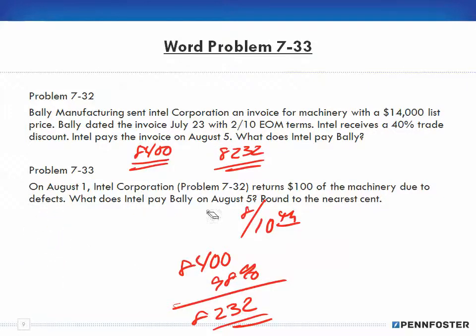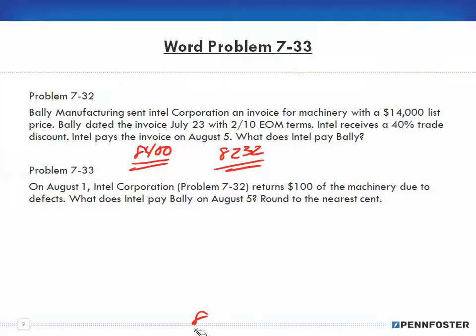Now, for problem 7-33, the invoice is dated 7/23, and they're buying it for 14,000 with a 40% trade discount. But it says here that on August 1st, Intel returns $100 of the machinery due to defects.